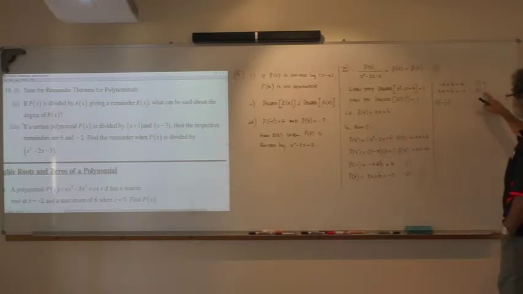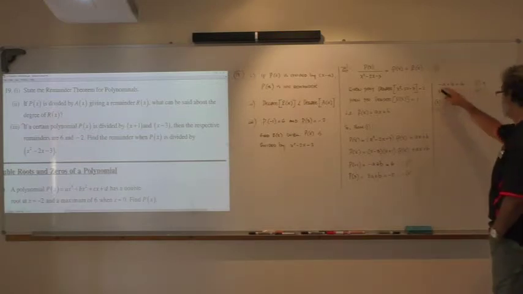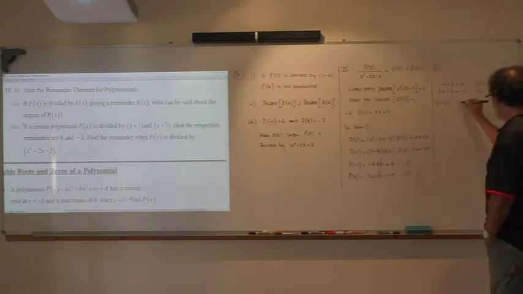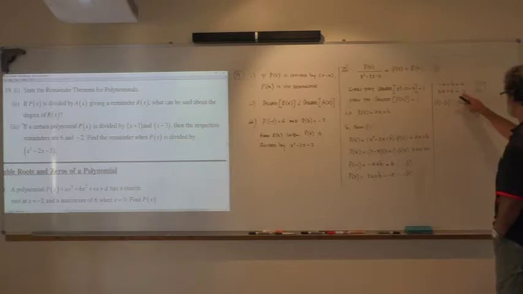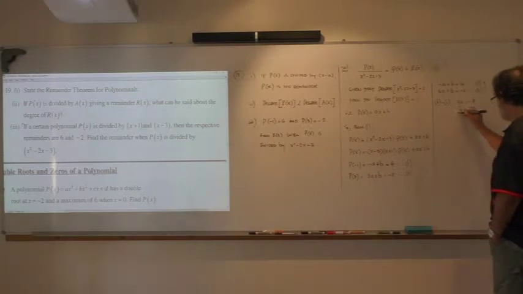If you do equation 2 minus equation 1, then you're going to have 3a minus minus a, so it's going to be 4a. b minus b, they're gone. It's equal to minus 2 minus 6, so it's going to be minus 8. So therefore, a is equal to negative 2.